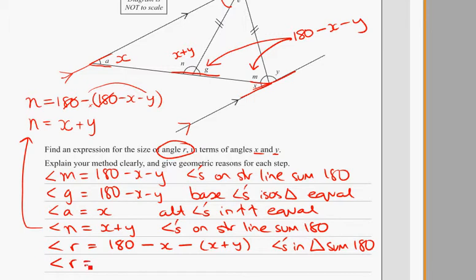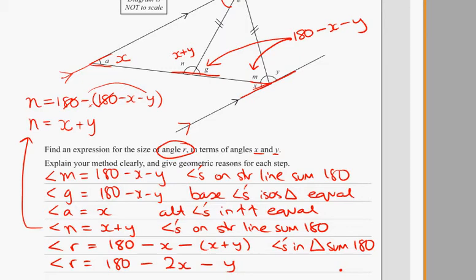So that means angle R is going to equal 180. Now I've got minus x minus another x. Remember that's minus x there, so that would be minus two lots of x minus a y. And that's the answer we need.